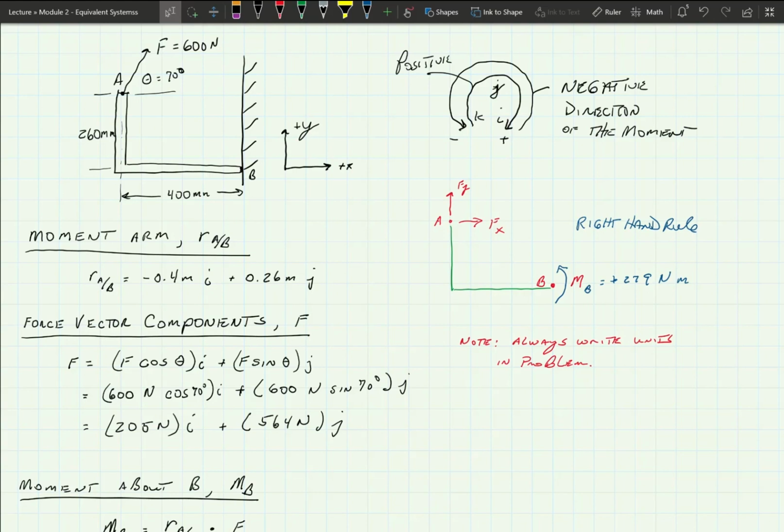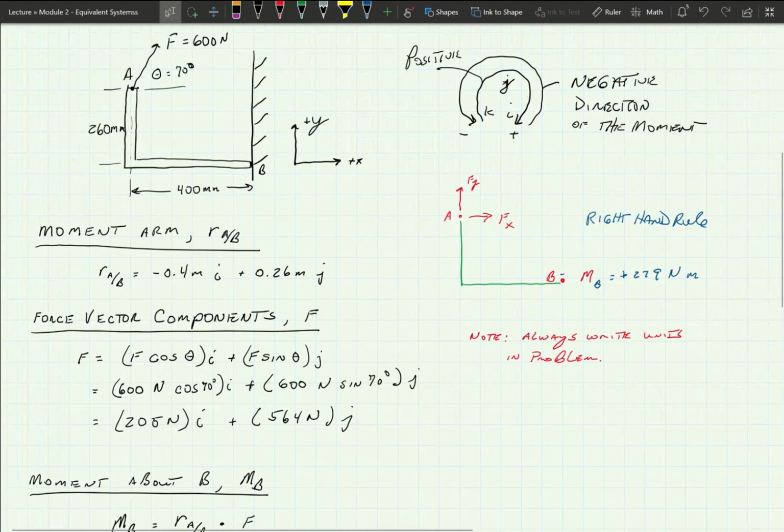I should see the right-hand rule. I should place my thumb pointing in towards B or in through the page, and my finger sweeping to the right, which means this moment is actually in that direction. And that would be negative.